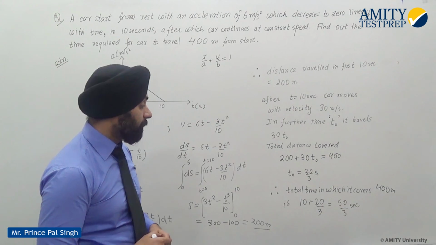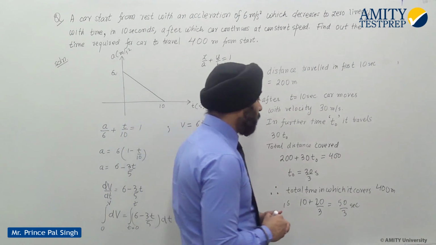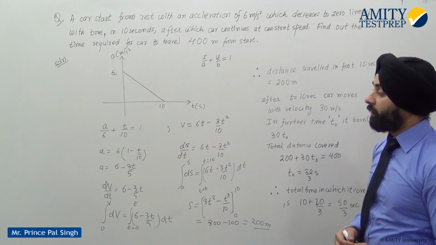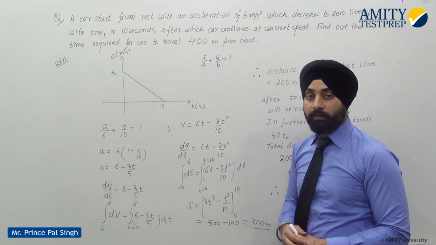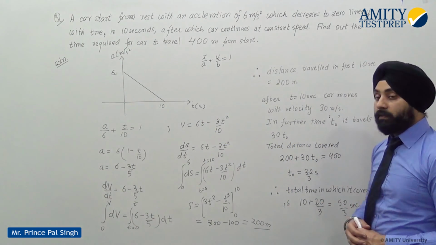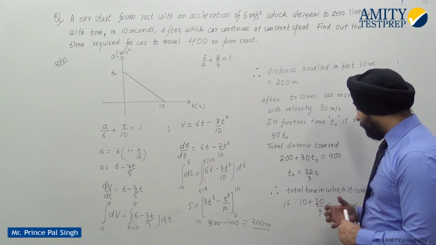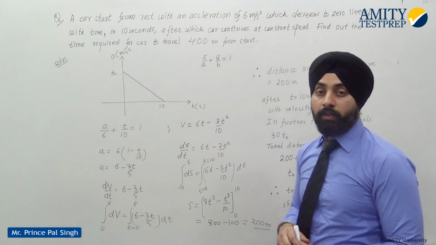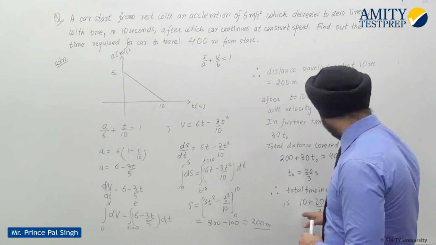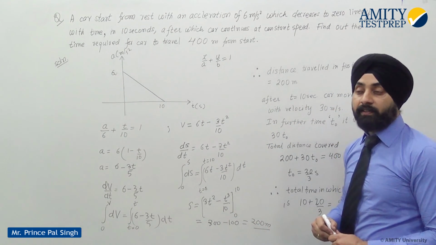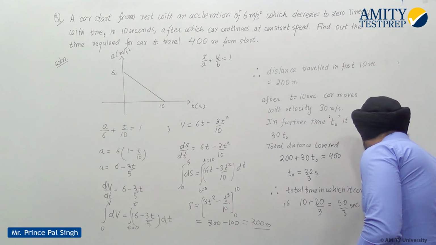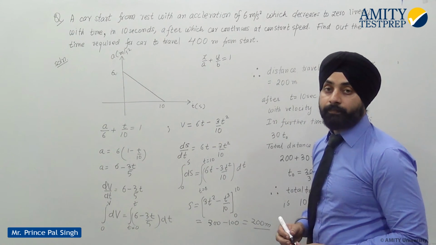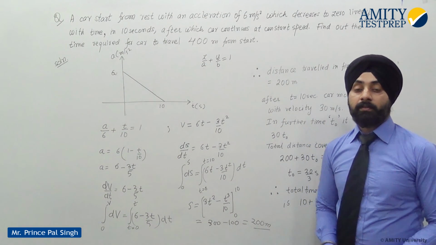The total time in which it covers 400 meters is the 10 seconds which it took initially with non-uniform acceleration, plus the remaining time of 20 by 3 seconds with uniform speed. So the total time is 50 by 3 seconds, that is 16.67 seconds. Thank you.